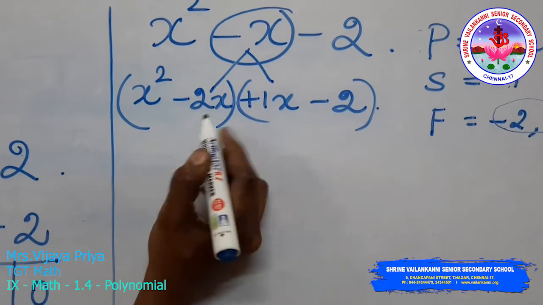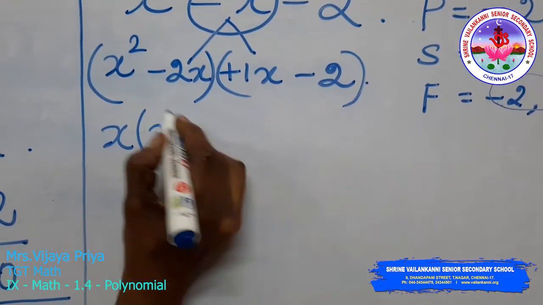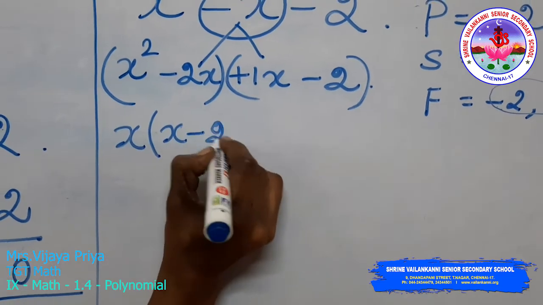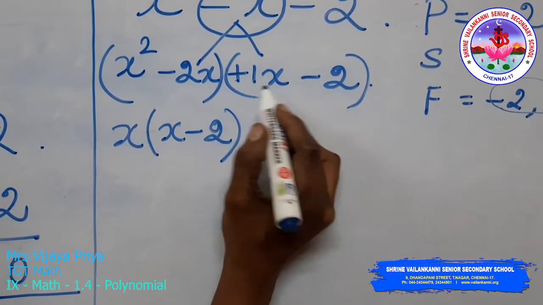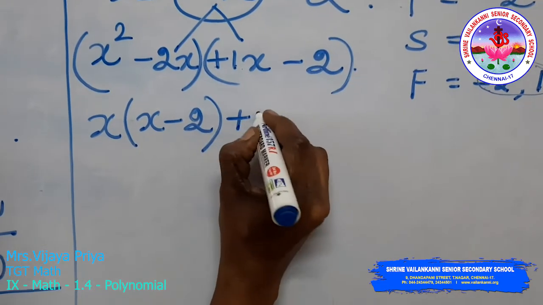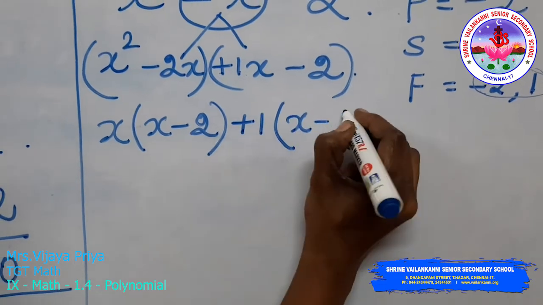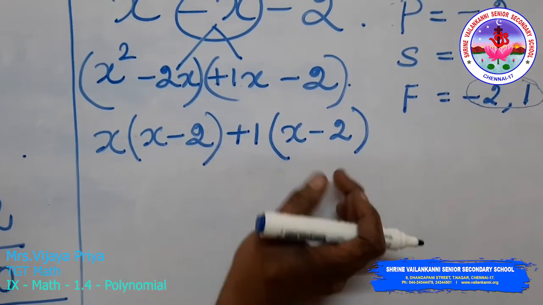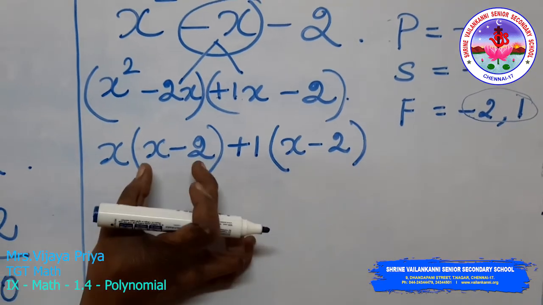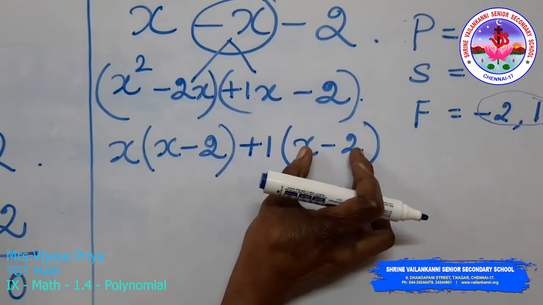In the first bracket, I am taking x commonly outside. So I will have here x minus 2, and here I see there are no common terms, so I am going to take plus 1 as a common factor. So remaining is x minus 2. Always you should get the common expressions, x minus 2 and x minus 2.